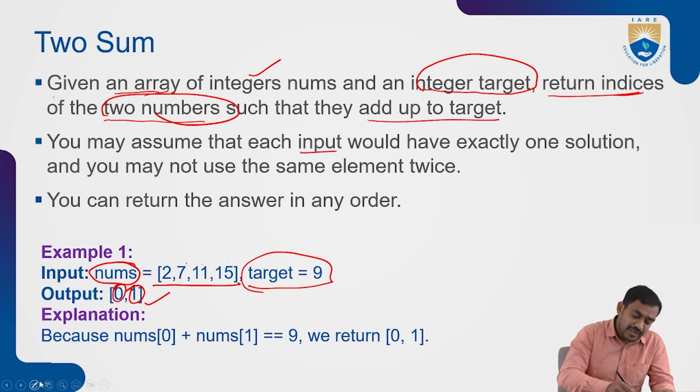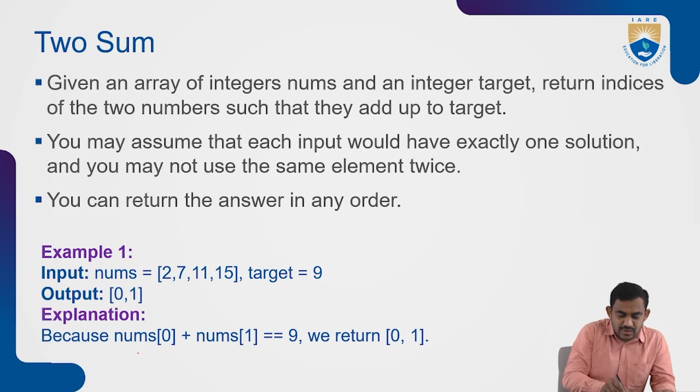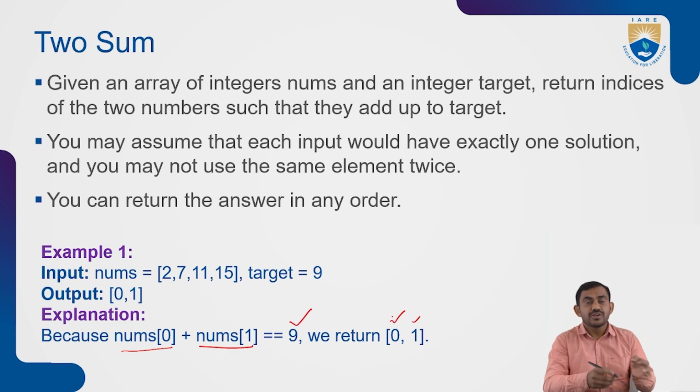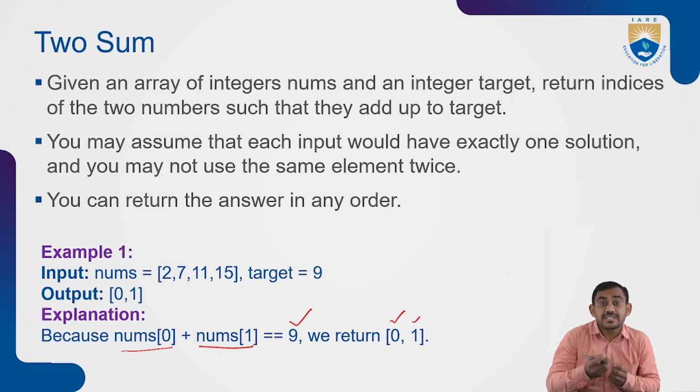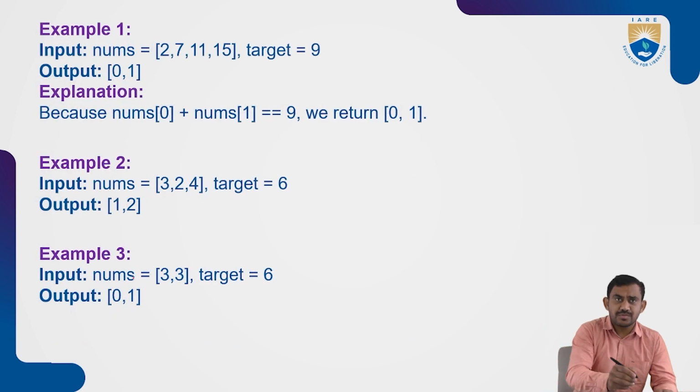In that particular problem statement, he gave some explanation: nums[0] plus nums[1] equals 9. That means 0 and 1. What is nums[0]? Then we need to know the array indexes, the positions of each value. Now, if you observe here, 0th index, 1st index, 2nd index and 3rd index.